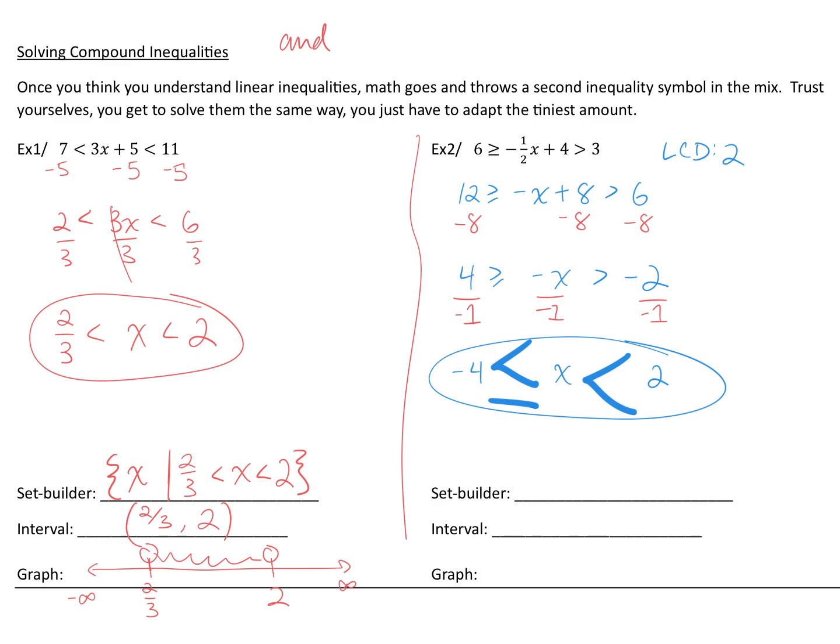Also, it's true that 7 is less than 11. So yes, this makes sense. 6 is greater than this, which is greater than 3. These were said the same way. Even if there's an equal to, they're both greater than. And you'll notice that after we divided by -1, they are both now less than. So they are still both facing the same way.